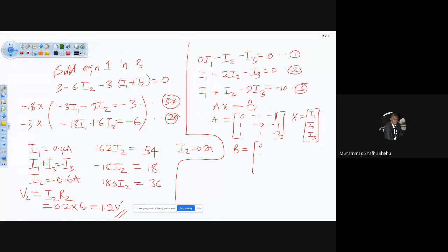We have 0, 0, and minus 10. So the next thing to do is to make X the subject of the formula, because we are looking for X, which is going to be A inverse of B. So that means we have to look for A inverse and then multiply it with B for us to get I1, I2, and I3.